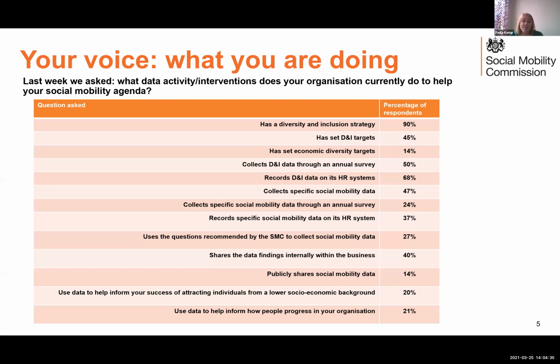So how do you know that you're achieving what you want to achieve without those targets? And even more interesting is that only 14% of you have set socio-economic background diversity targets. Our speakers today will talk about what they've done, how they've set targets, or when they're going to set targets, or how you might think about doing that.